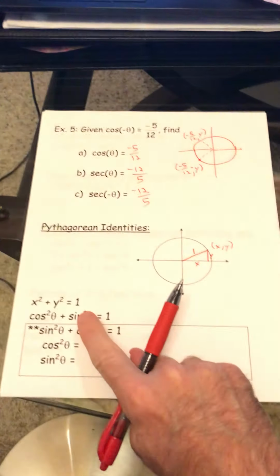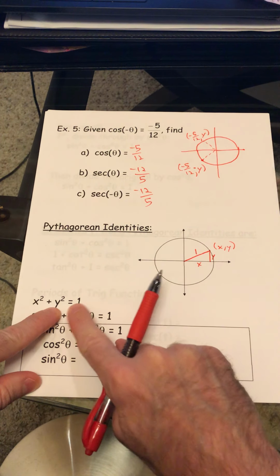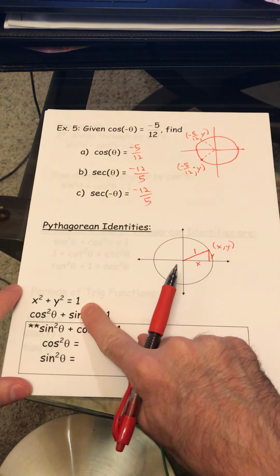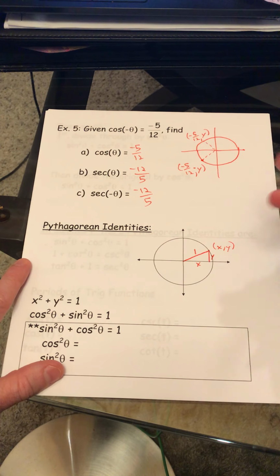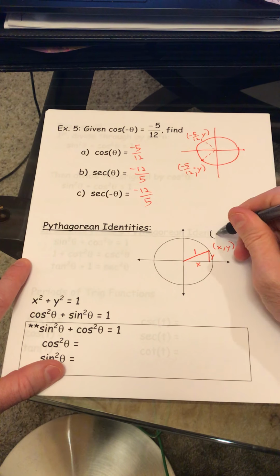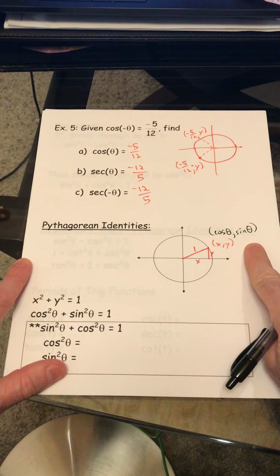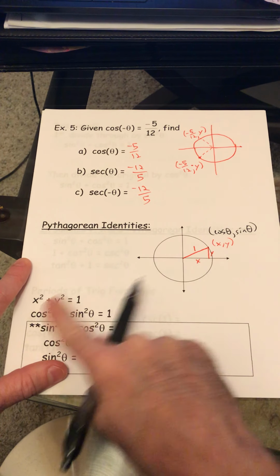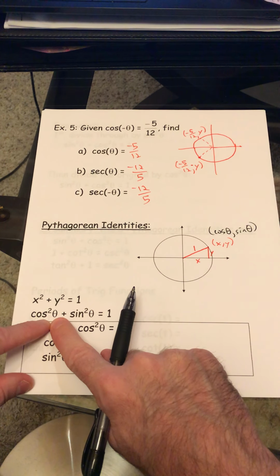So when I do Pythagorean theorem, x squared plus y squared equals 1 squared. Well, again, what are our x and y coordinates? Our x and y coordinates everywhere on the unit circle are cosine and sine. So that means x squared is cosine squared theta.